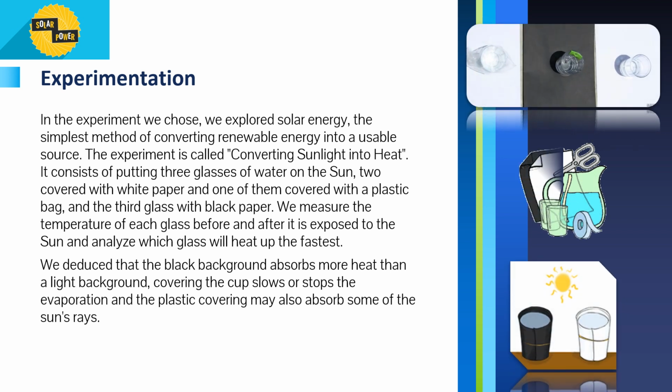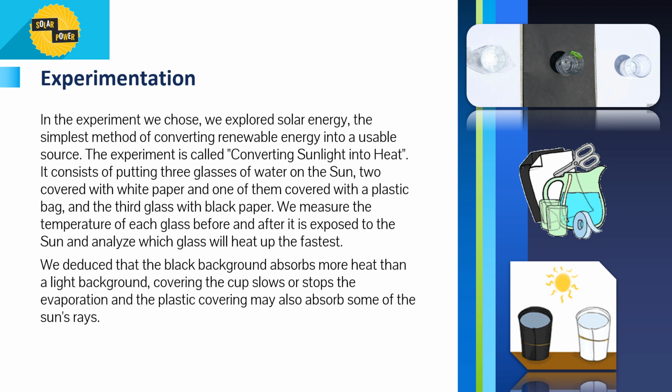In the experiment we chose, we explored solar energy, the simplest method of converting renewable energy into a usable source. The experiment is called Converting Sunlight into Heat. It consists of putting 3 glasses of water in the sun, one covered with white paper, another one covered with a plastic bag, and the third covered with black paper.